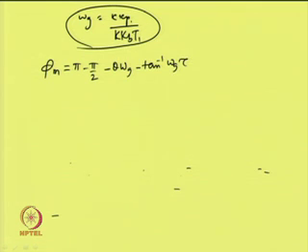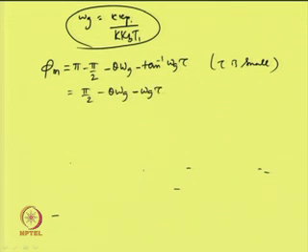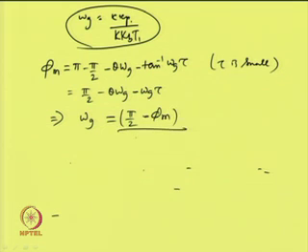But because tau is small, we know that tau is small, therefore, this can be expressed as pi by 2 minus theta omega g minus omega g tau. So, upon simplification, one will get the omega g in the form of pi by 2 minus phase margin divided by theta plus tau.